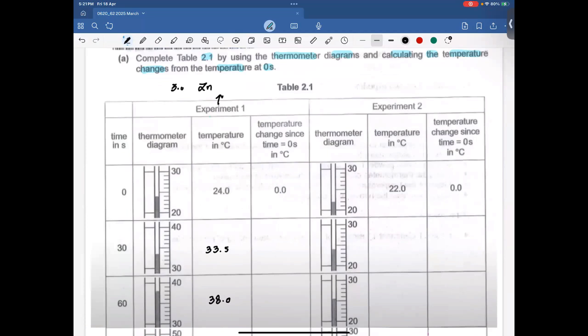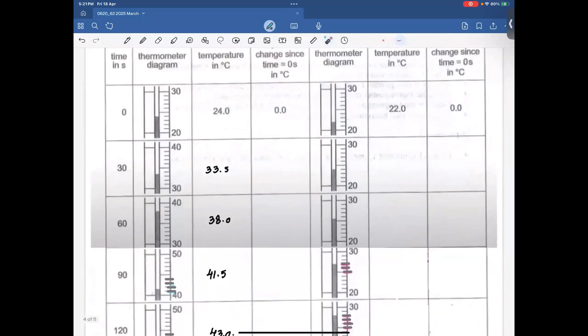So in experiment 1, this is the zinc. 3 gram of zinc is used. Okay. Over here, 3 gram of iron is used. So when we subtract these two values, I'm going to get 9.5.